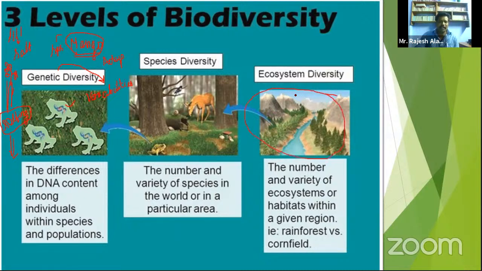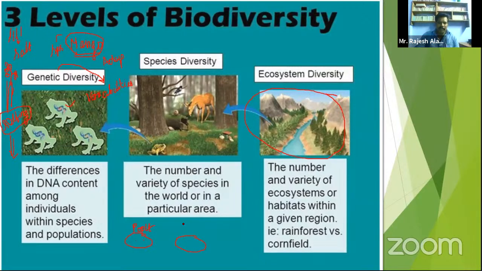This can be called alpha, beta, and gamma variation. If variation takes place within the same community, it is called alpha variation. Beta variation is between communities. Community is made up of different populations of species.